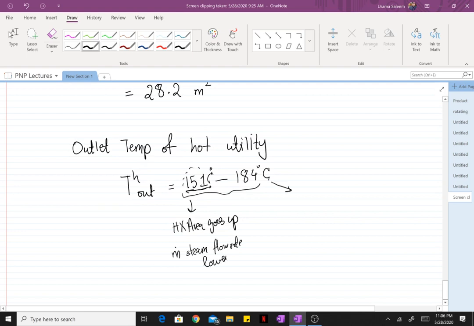Whereas on the other side of the spectrum, your heat exchanger area will be smaller, but your steam flow rate will be higher. So it's a trade-off.